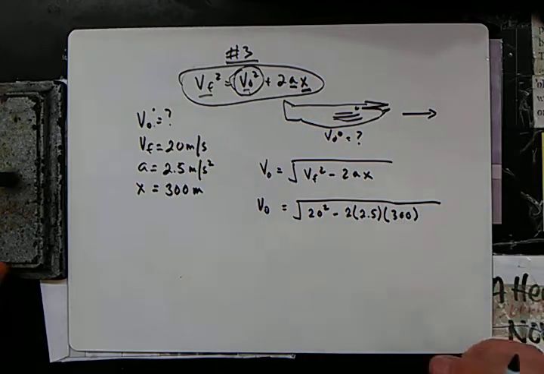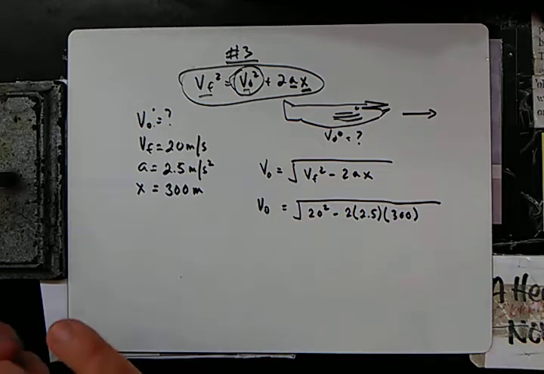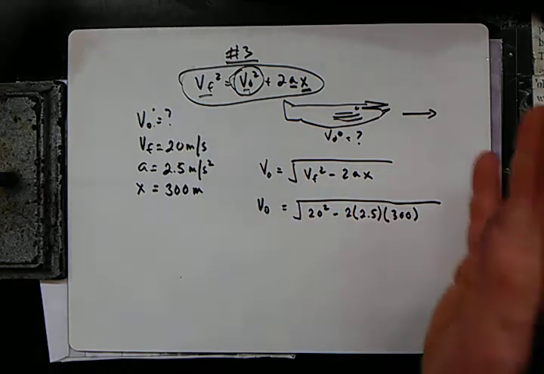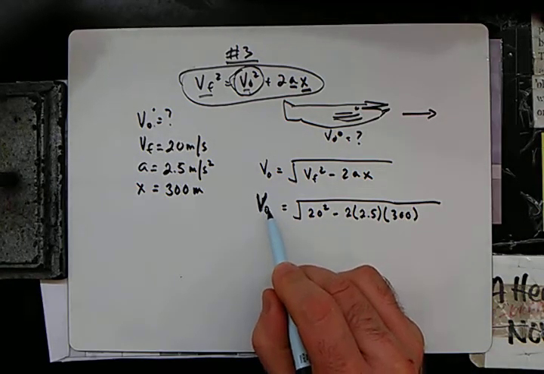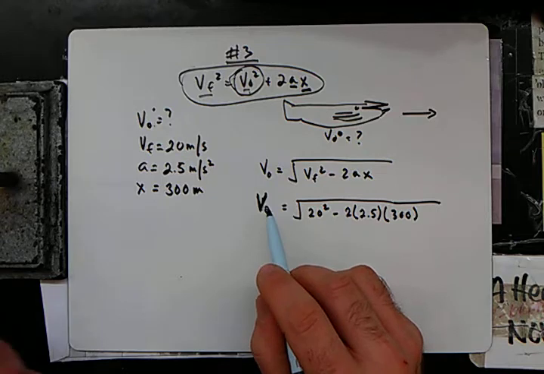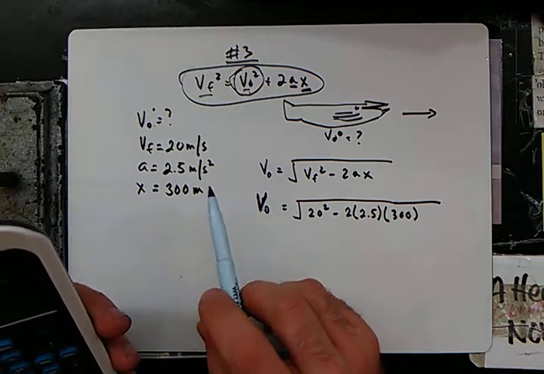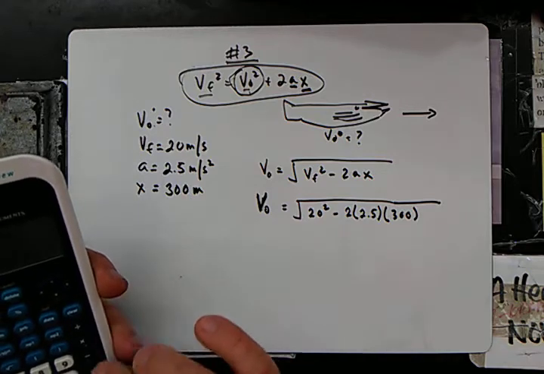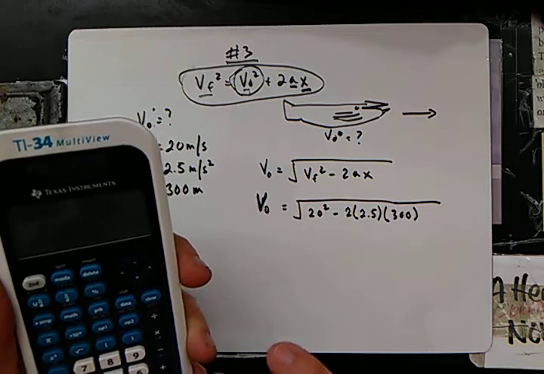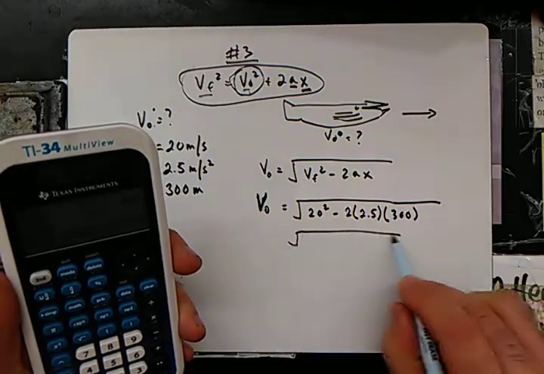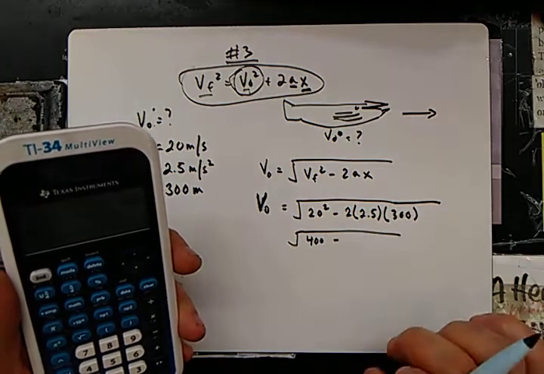Maybe this whale started out going the other direction, maybe a current was bringing it backwards. If we get a negative number for this velocity, that tells us the whale was moving in a different direction. Let's check. 20 squared, so under the radical I've got 400, and then minus all this stuff.